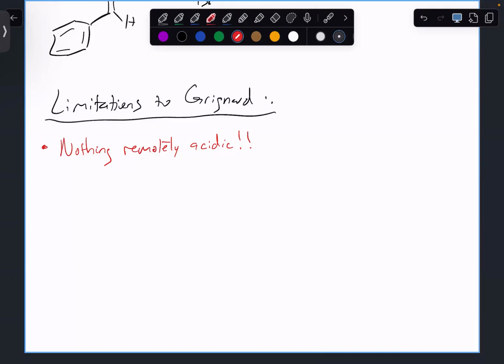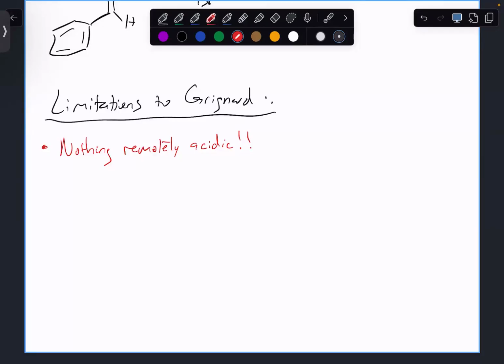The Grignard is a carbanion, and a carbanion is about the strongest nucleophile and strongest base that we have. As a result, anything that looks remotely acidic will kill your Grignard reagent.